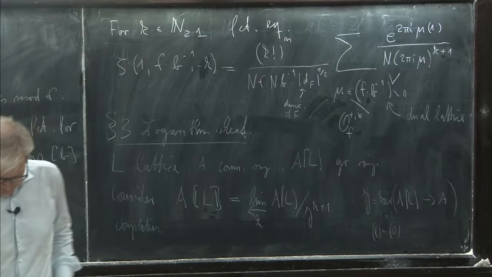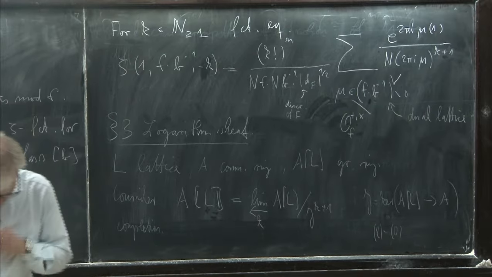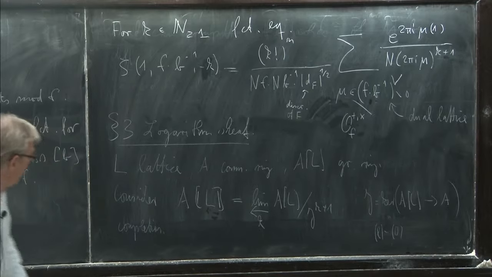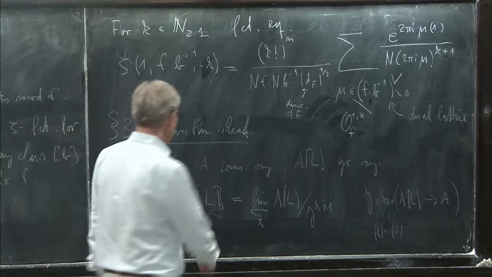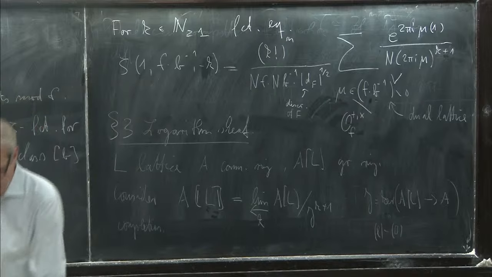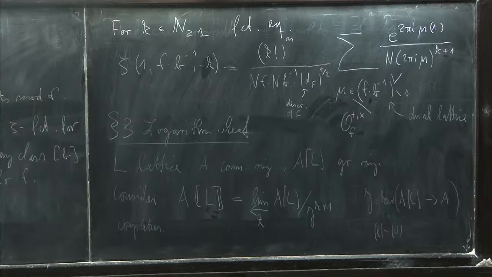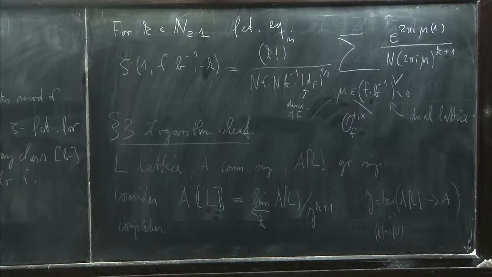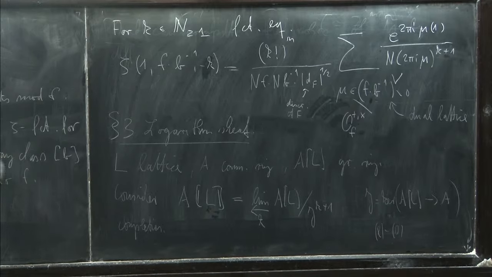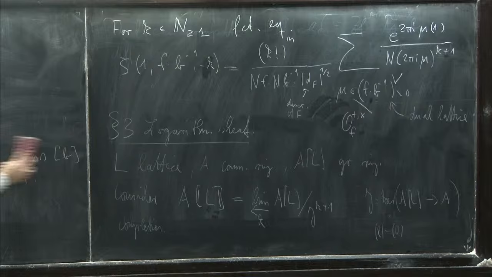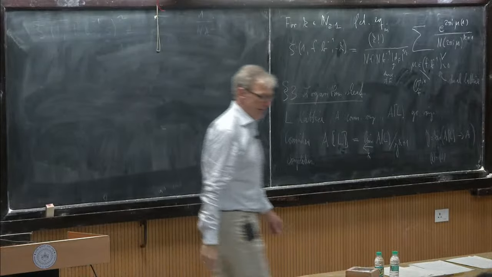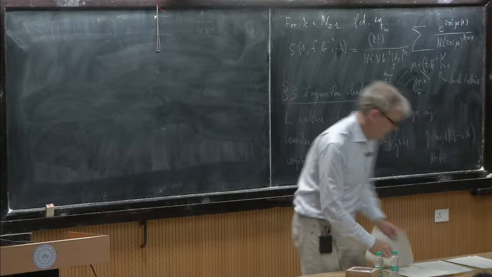this completion later. And then we form on this L, we have now an action of L itself. I mean, the group acts on the group ring in a natural way. But even more is true. Any group which acts by linear automorphisms on L also acts on the group ring.